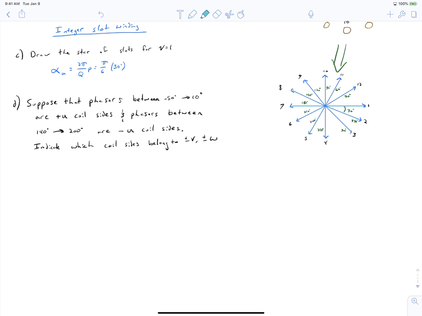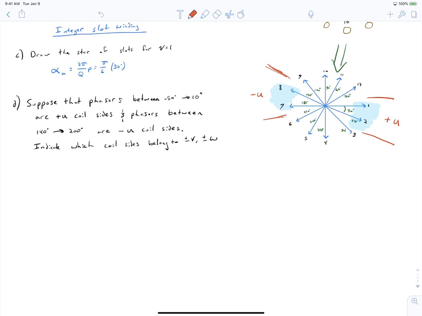So we can graphically show this, that these phasors over here in this range are plus U, and these phasors over here in this range are minus U. Remember, a coil consists of two coil sides. One coil side has a positive current, comes out of the page, another coil side has a negative current, goes into the page.